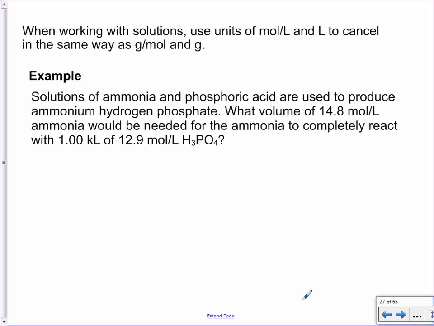Did you balance it? Oh, hang on. Is this NH4, because the first one was ammonia. H2, PO4. It's probably not ready to balance yet.